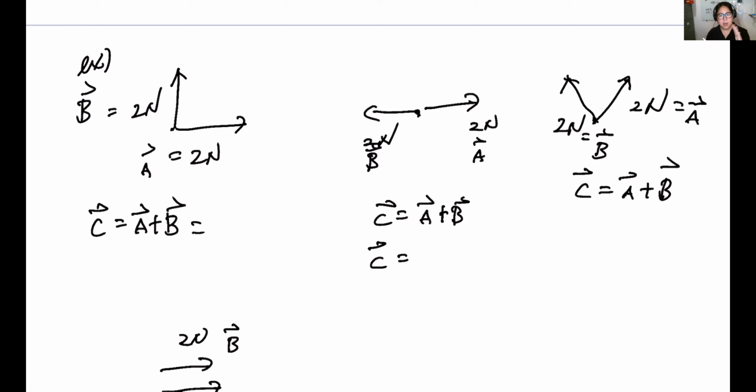And you can find the angle by measuring with a protractor. That's going to be your resultant vector. So you can say it's 3.4 Newton pointing 37 degrees from east, or positive x. That's how you can precisely explain the direction and magnitude of the resultant vector, which is vector A plus vector B.